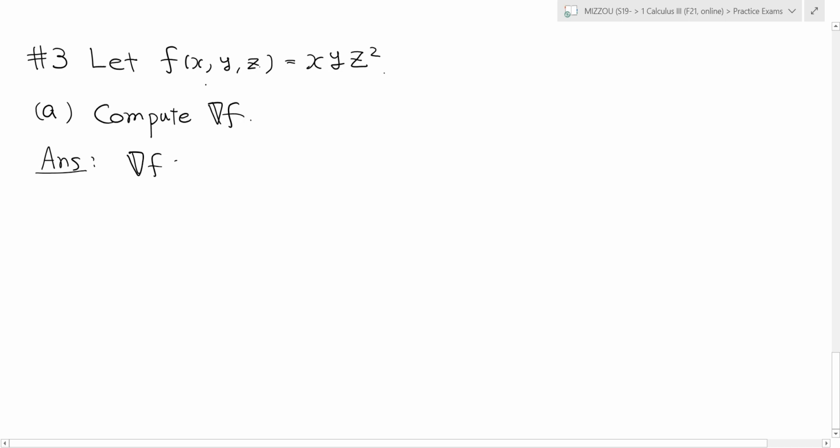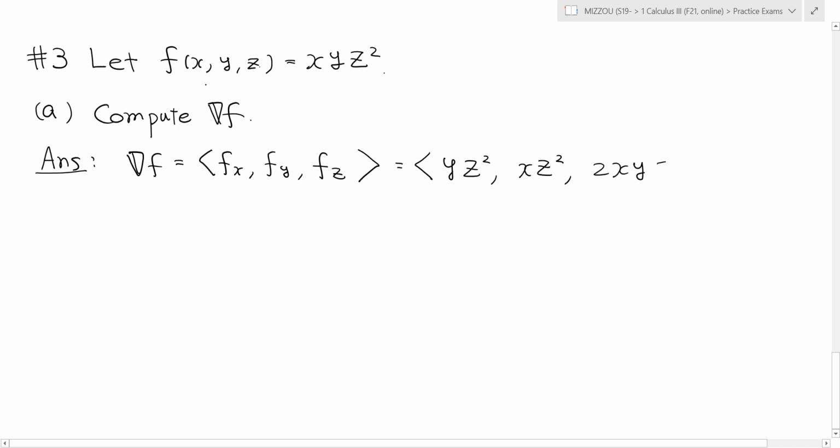The gradient of f is f sub x, f sub y, and since we have 3 components here, x, y, z, we do like this. You differentiate with x, you get yz squared. If you differentiate with y, you get xz squared, and you differentiate with z, you get 2xyz. All right, so that's the answer.